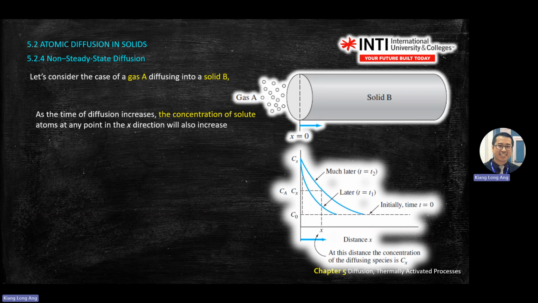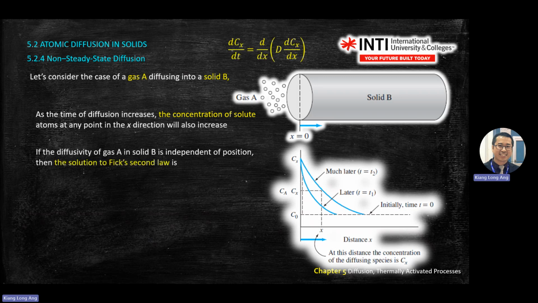So how do you read this graph? Initially, nothing has happened. You start with the initial concentration C0 at t equals 0. If the diffusion of gas A is independent of position, then the solution to Fick's second law is this one, which is more popular than the first law.